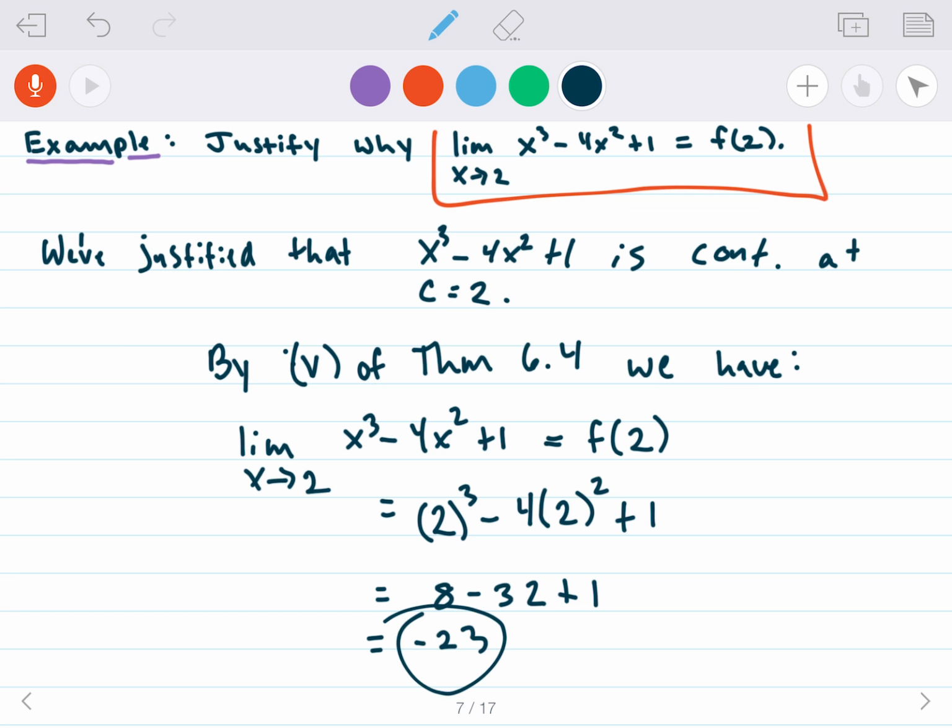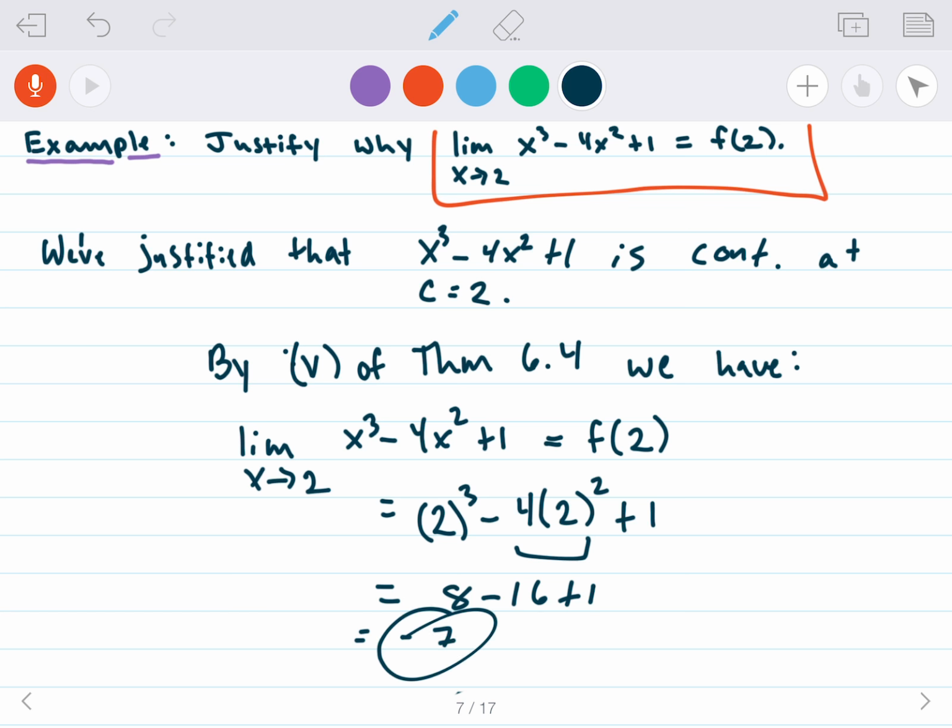Oh, wait. Is that true? What's happening? Not 32. Okay. See, guys, I can't do math. It's actually kind of a problem. I think this is, what is this? So this is 8 minus 16 plus 1. So that's negative 7. My bad.